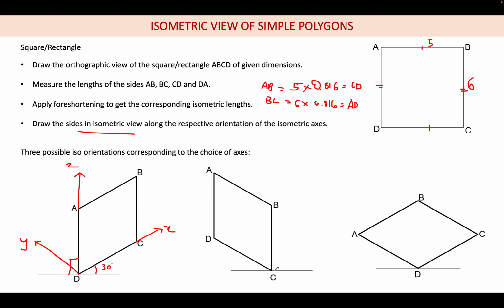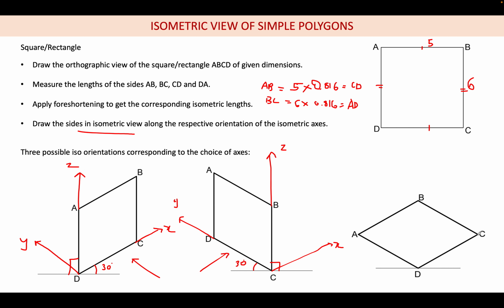Here, this will be my imaginary X axis, this will be my Y axis, and this will be my Z axis. So here Z is again 90 degree and Y is at 30. So this we are viewing like this, this we are viewing like this.